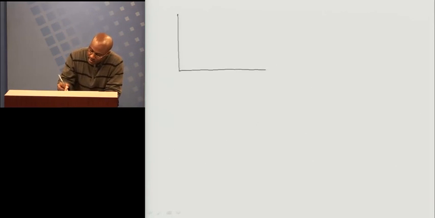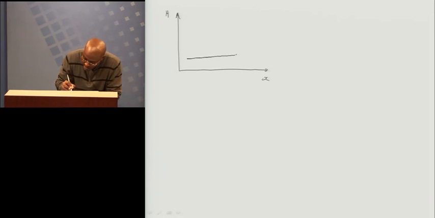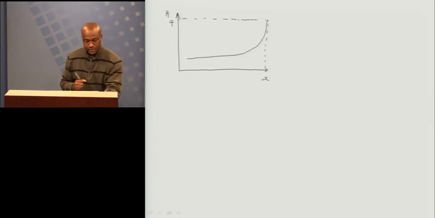If we were to plot how H varies with x, this is H, this is x, so H increases and tends towards, at separation, H is 4. So that's going towards separation.